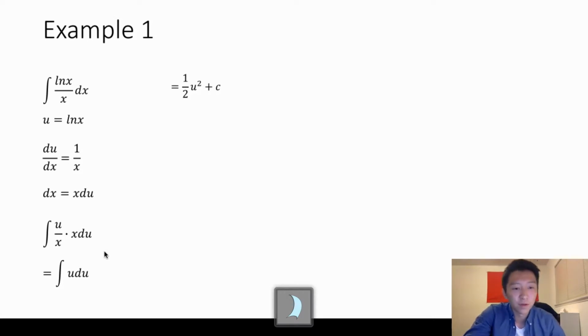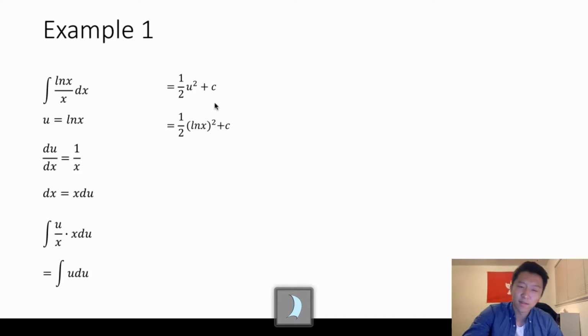The integral of u du is just half u squared plus c. That's just basic integration where you take the exponent of u, add 1 to it, and then divide u by that exponent. So here's the final answer of this integral.